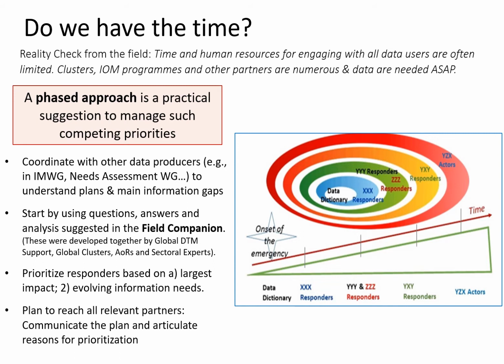In doing so, partners will be able to understand the reasons behind certain choices of engagement by the DTM team, and will be able to also be more proactive in their engagement if they want to contribute to getting their information needs met through the DTM.